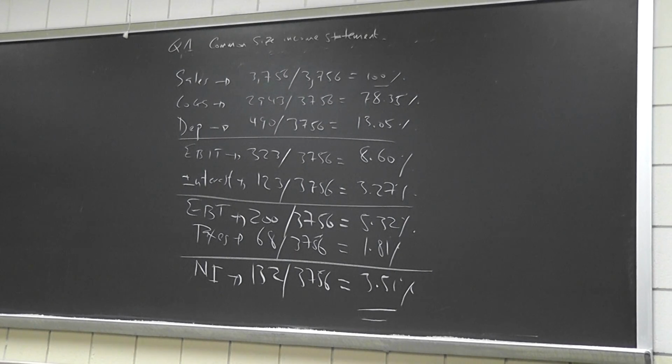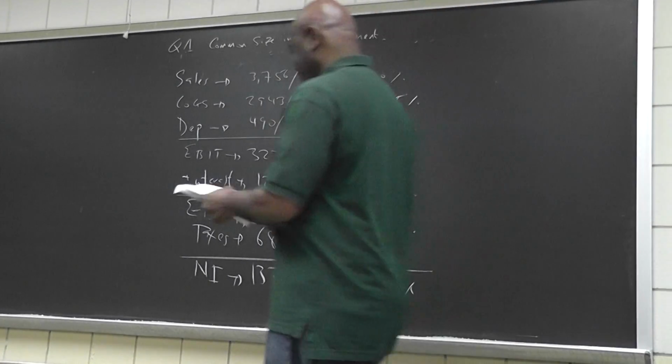Number 3. Now, what is the days sales in inventory for the company above in 2012? So days sales in inventory will be 365 divided by the inventory turnover, right? Does that make sense? All right, so let's do it.